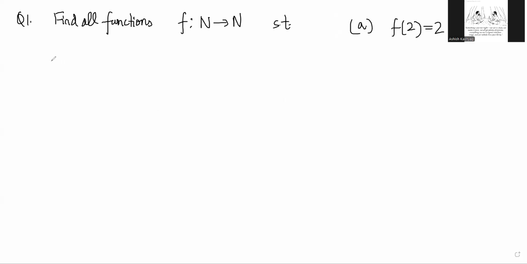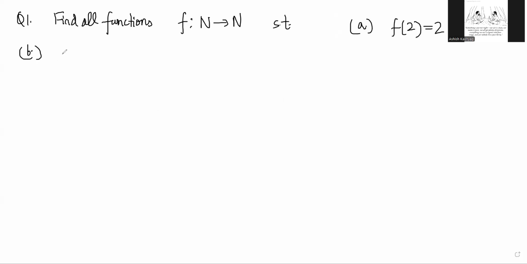And this says, find all functions f from N to N such that property A is f of 2 is equal to 2.